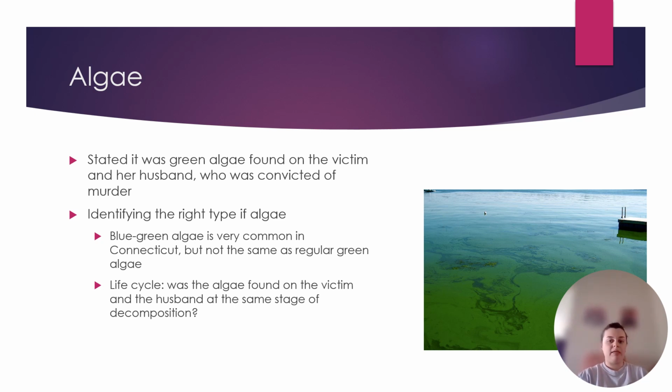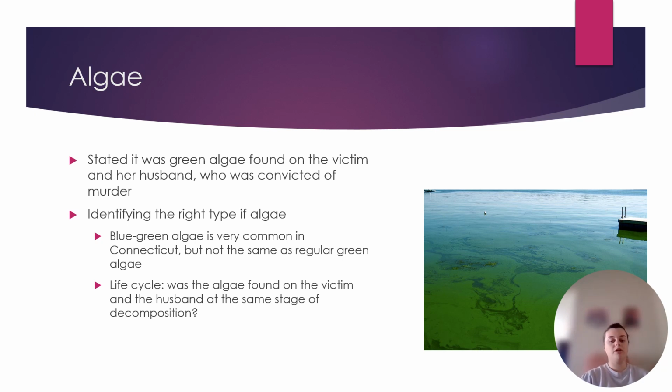So you need to identify which type of algae you're looking at, is it blue green algae or is it actual green algae? If the algae were different between the victim and the husband, that would not be a match and they'd probably want to go back and re-examine some evidence.